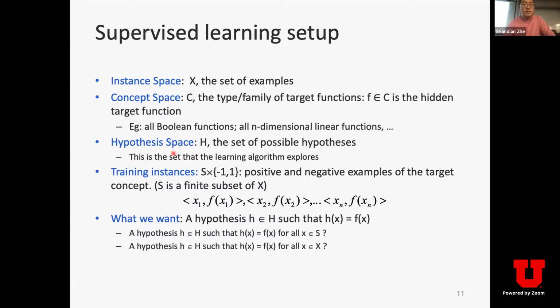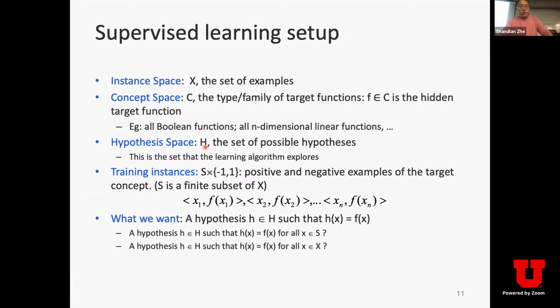Then the hypothesis space H. As we mentioned before, supervised learning essentially is a searching procedure. Given the labeled training data, you want your data to guide you to search for a hypothesis which you believe is closest to the ground truth labeling function, or target function.